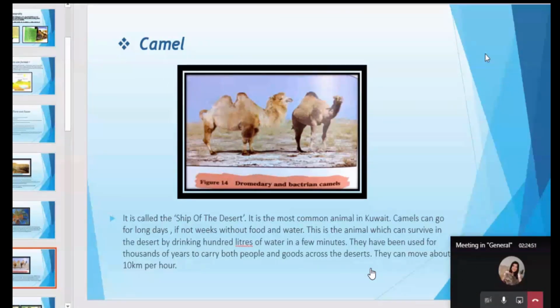They have been used for thousands of years. What do they carry? Children, what do they carry? They carry human beings across the deserts. They can move about 10 kilometers per hour.